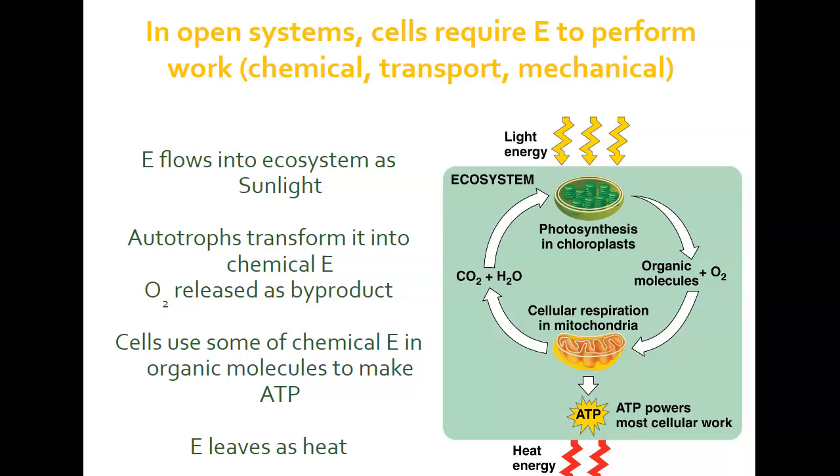So cells use some of that organic molecular chemical energy and then can break it down to make ATP, which is kind of our cellular form of energy. In that process, we oftentimes give off heat. We also give off carbon dioxide and water, which is great because then the plants need those things again to make more food. So that's why it really is kind of an energy cycle in this process.